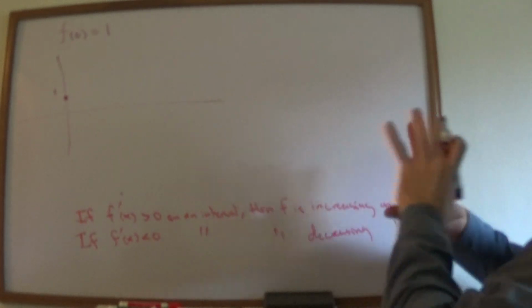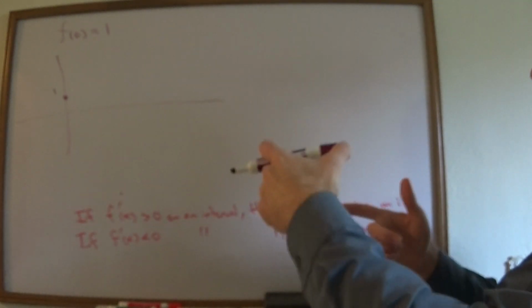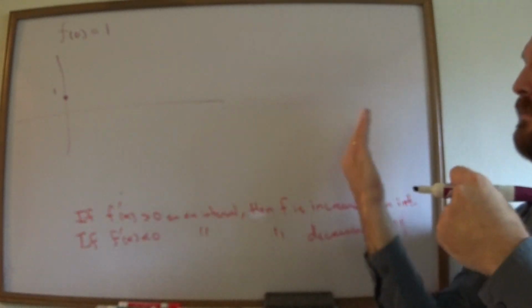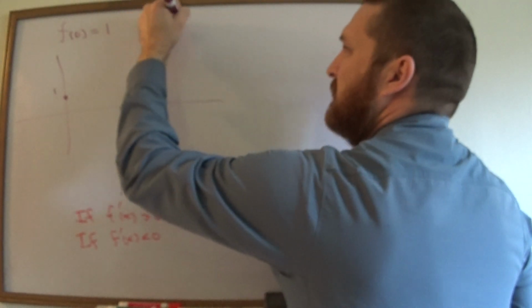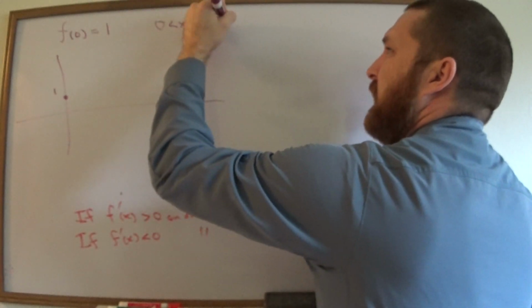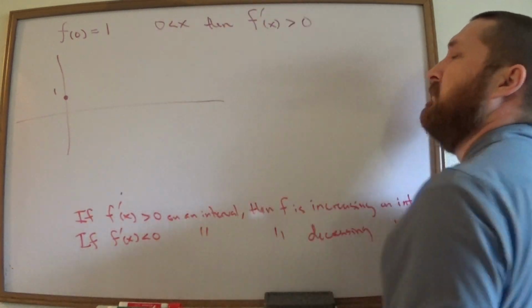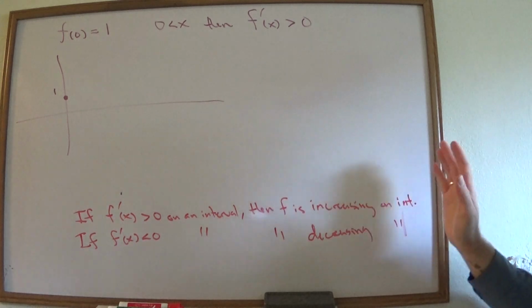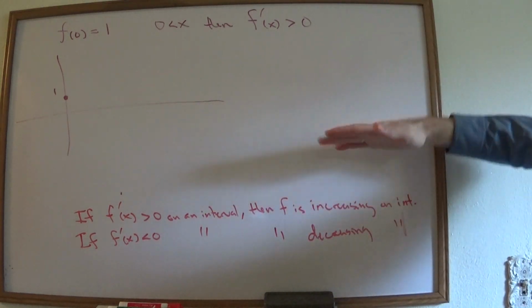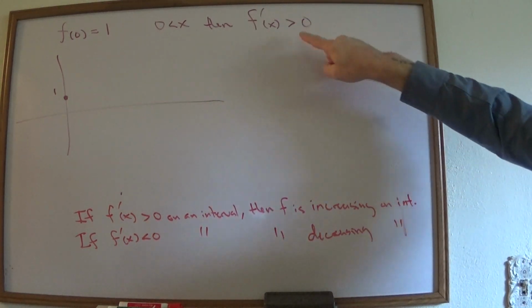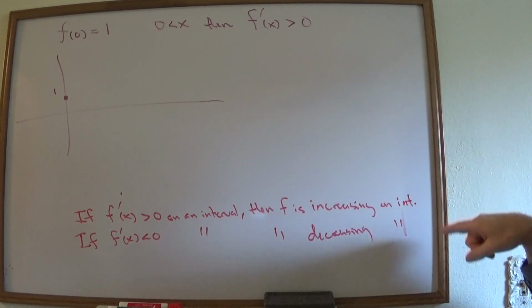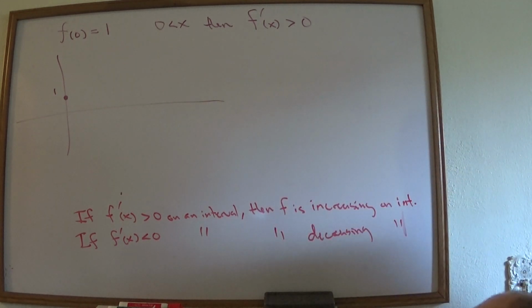Now let's say the only other thing we know about it is that whenever x is bigger than 0, then f prime of x is bigger than 0. We don't know how much it's changing. All we know is that f prime never comes back and touches the x-axis.